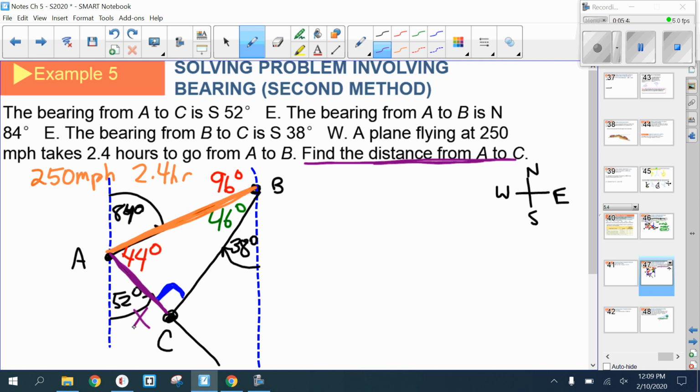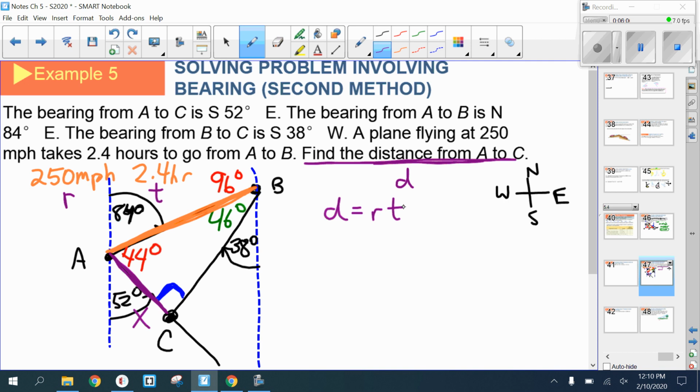What you have to notice here is that they're asking you for a distance and they're giving you a rate and a time. You have to be smart enough to notice and remember this formula: distance equals rate times time.